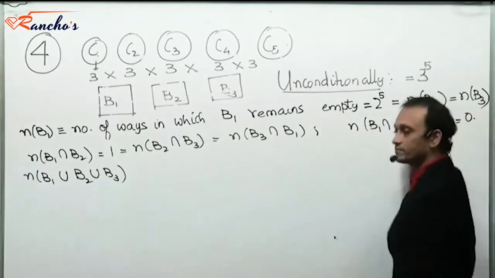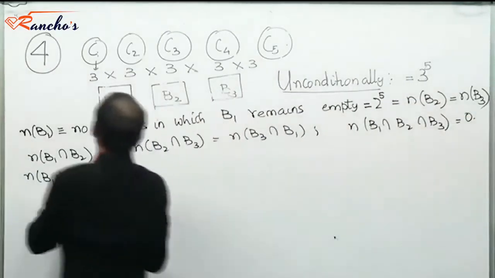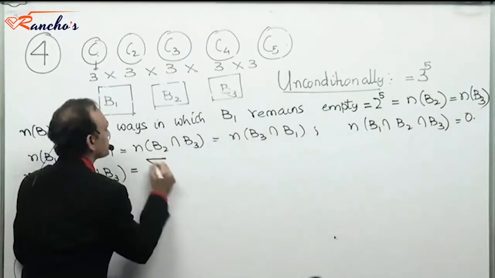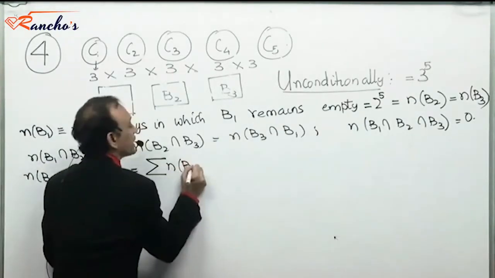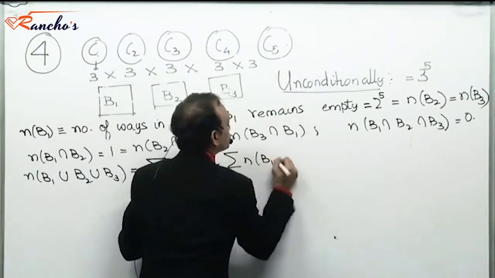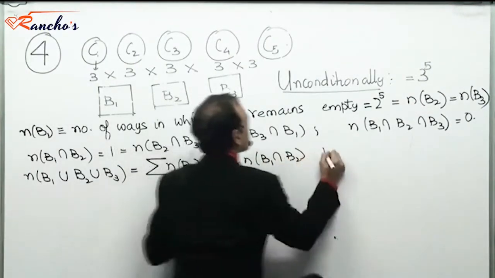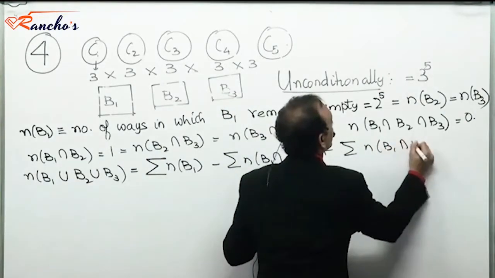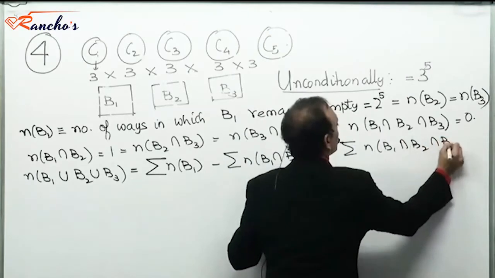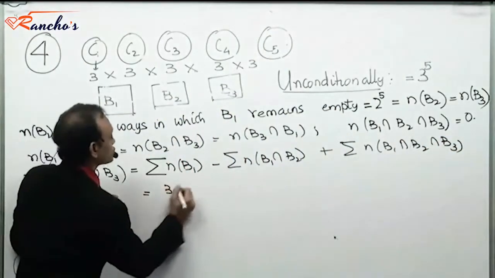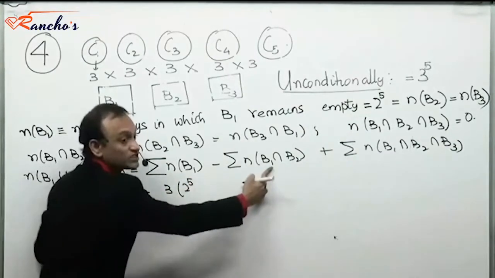That's 0, obviously. Number of ways in which B1 or B2 or B3 remain empty is, from the principle of inclusion exclusion, summation n B1 minus summation n B1 and B2, plus n B1 and B2 and B3, which anyways is 0, only one term in the last summation. This is 3 into 2 to the power 5, and this is 3, right?